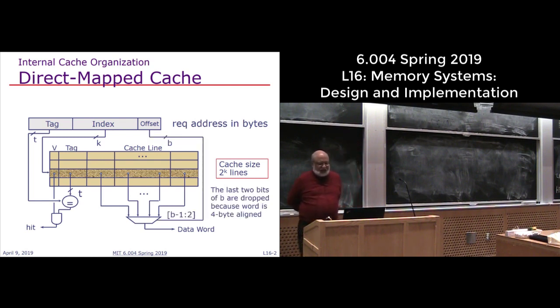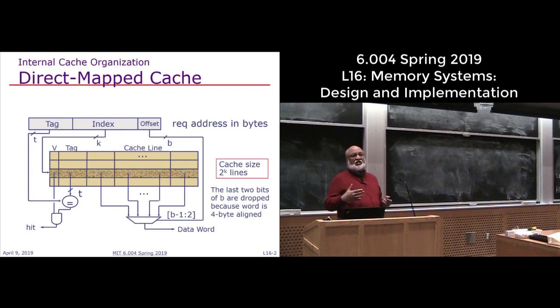All right, so once we have a direct map cache, and this is really the very simplest cache you can imagine, many other things will follow from it. The biggest drawback of a direct map cache is that if two different addresses you want to use happen to map into the same location in the cache, then only one of them can be cache resident.